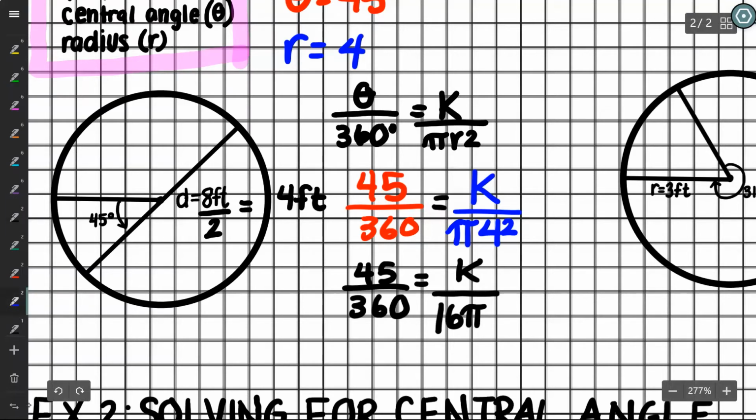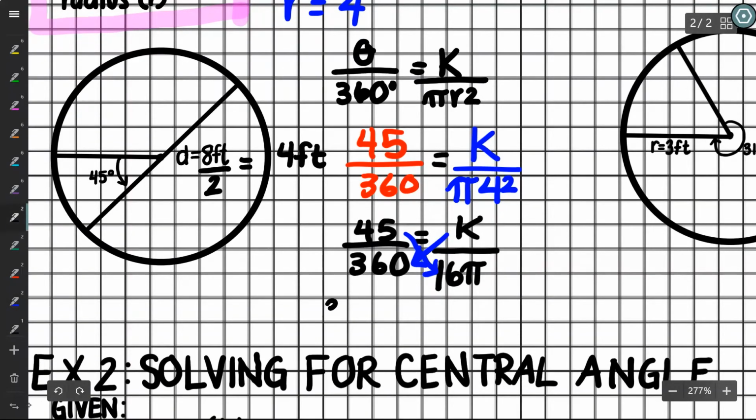So I'm going to multiply k times 360 and 45 times 16 pi. This first operation is easy. I'm going to get 360 k equals 45 times 16 gives me 720 pi.